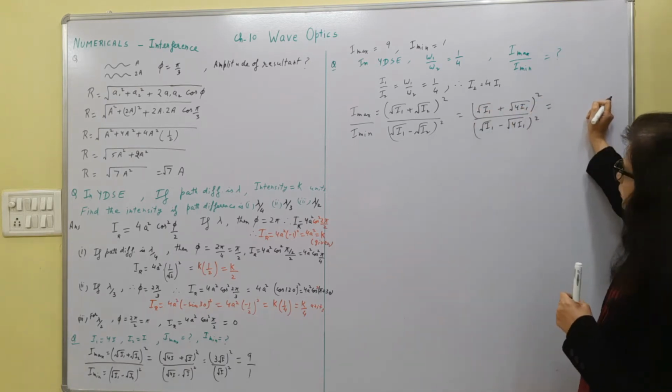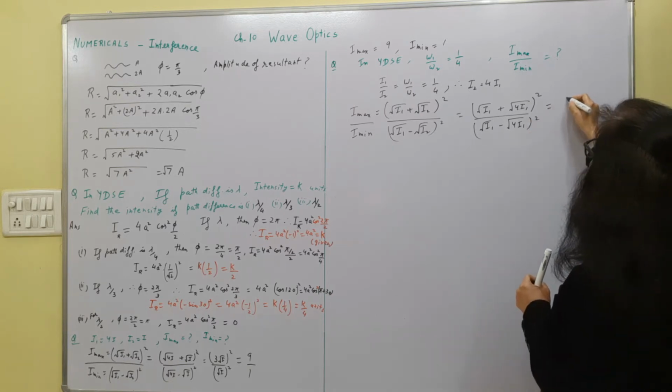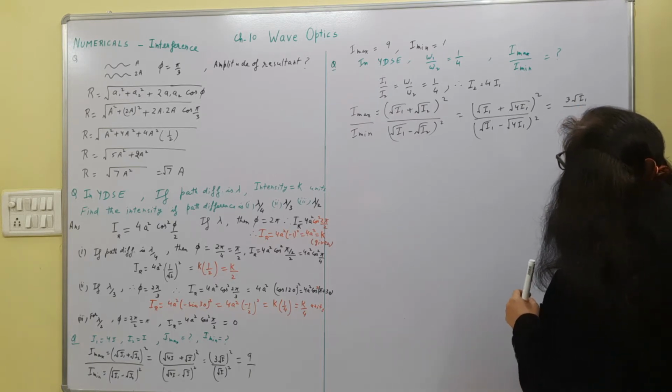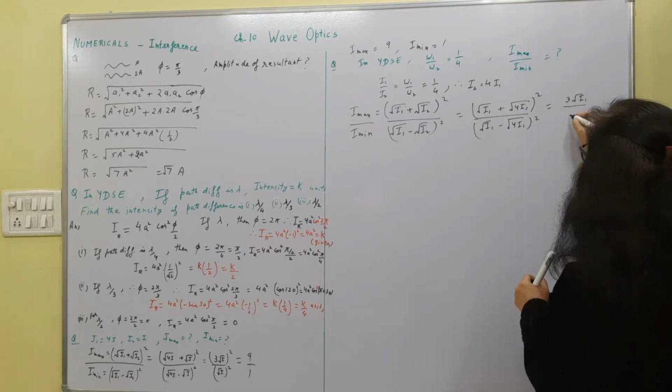So this is going to give me again 3 root I1 whole square, and this is 2 minus 1 is root I1.